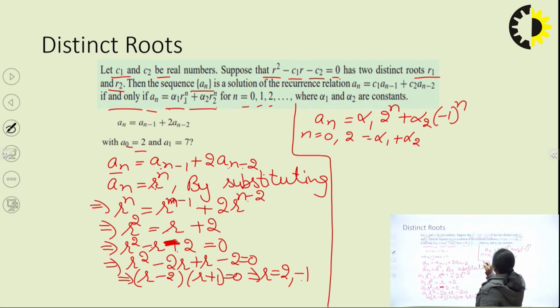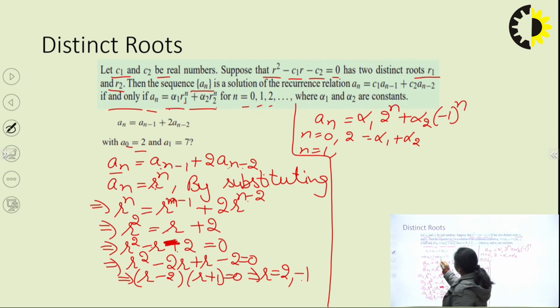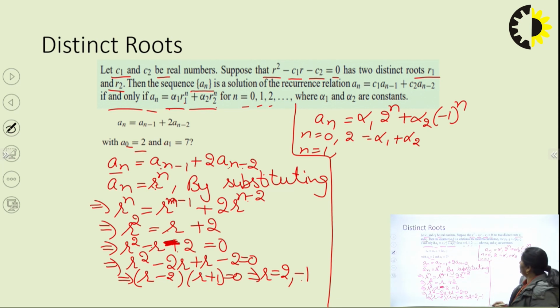Now if I put the value n is equal to 1, because I have been given in the question A1 is equal to 7, what will I get here? The A1 term will be 7.